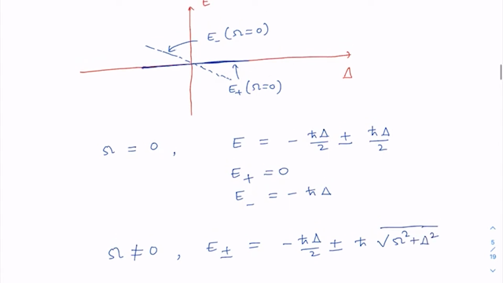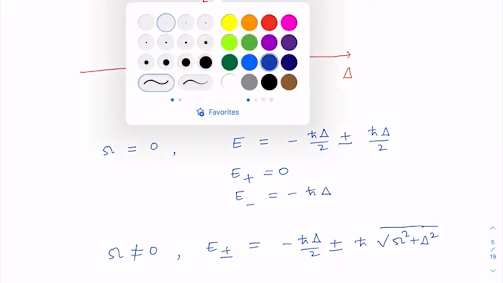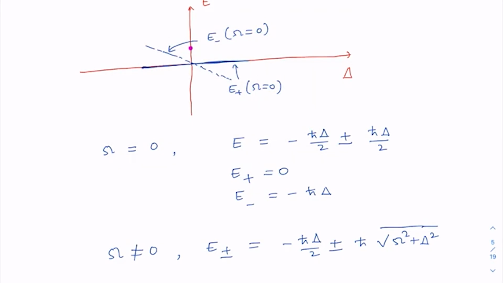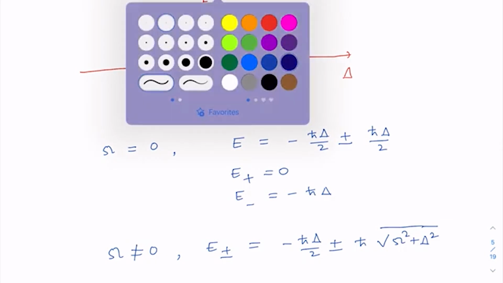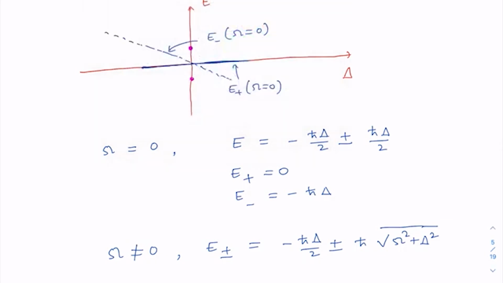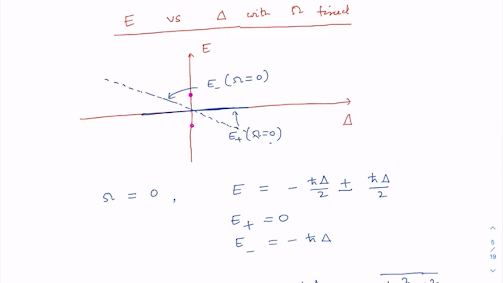Now you see that at delta equal to 0, I will have E plus equal to h cross omega. So this would be the point here. And for E minus, I will have minus h cross omega. So these are the points, and because of that, I will get a plot of this type. Actually, let me extend it.